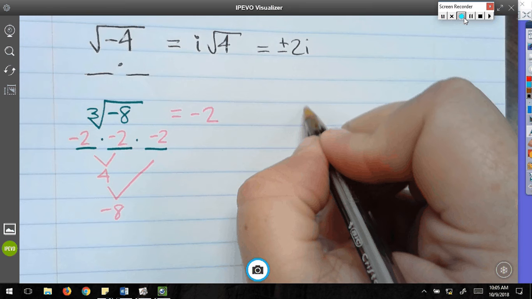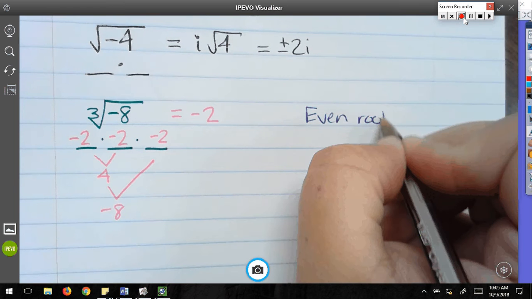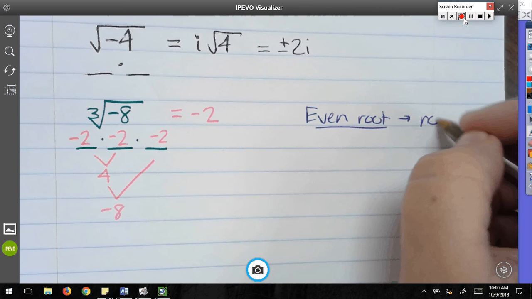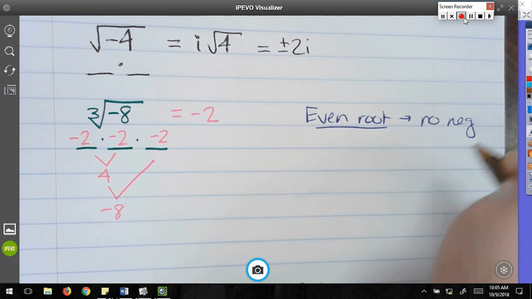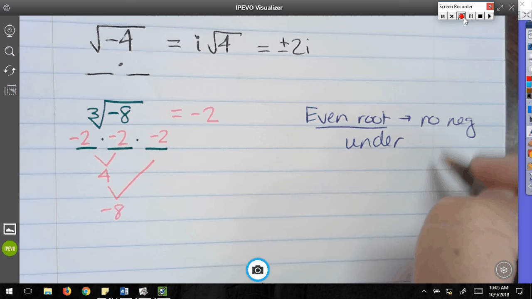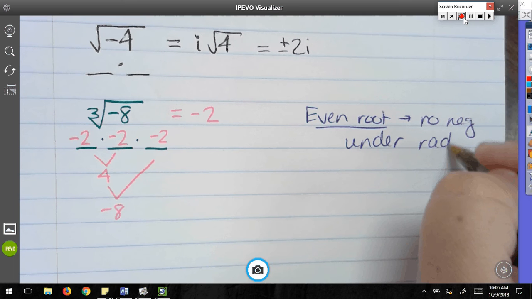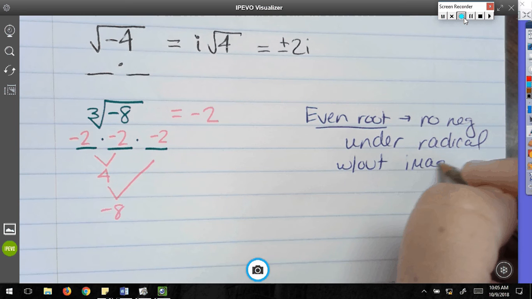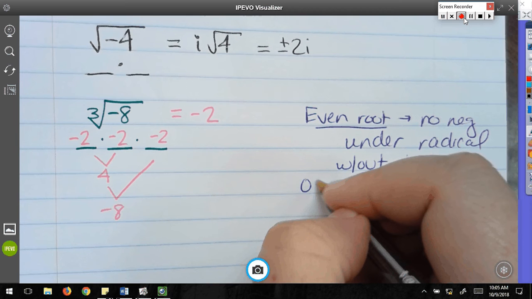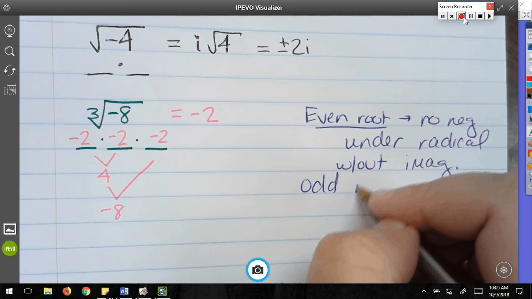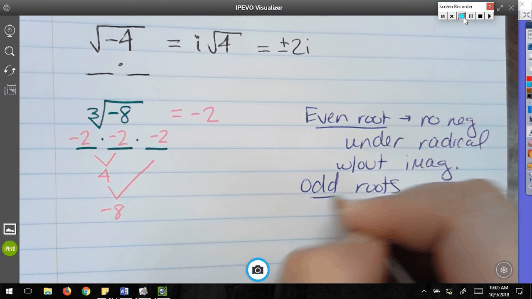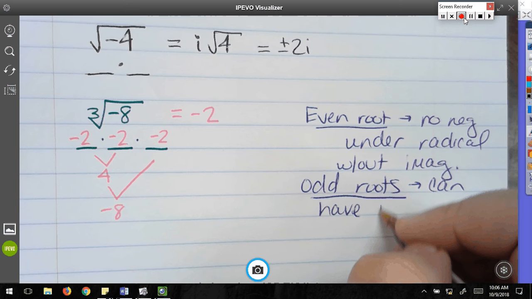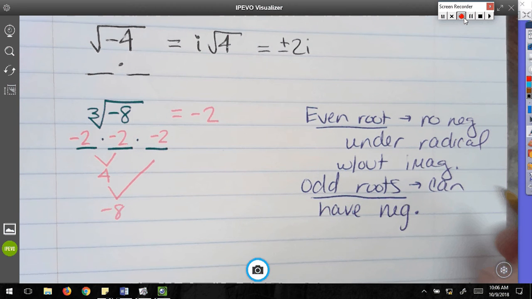If you have an even root, you can't have a negative under the radical without the imaginary, okay? However, with the odd roots, any odd root, you can have a negative, and the answer just keeps whatever sign was under there.